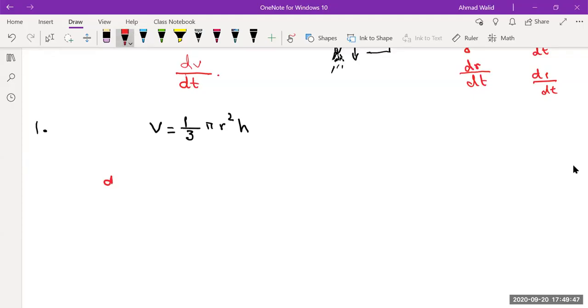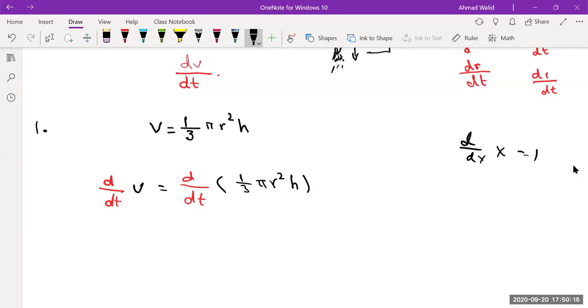It means I'll look for d over dt of v, the derivative of the right side, equals d over dt of 1/3 pi r squared h. The derivative of v, like d over dx of x was 1, correct? d over dt of v gives you dv over dt.